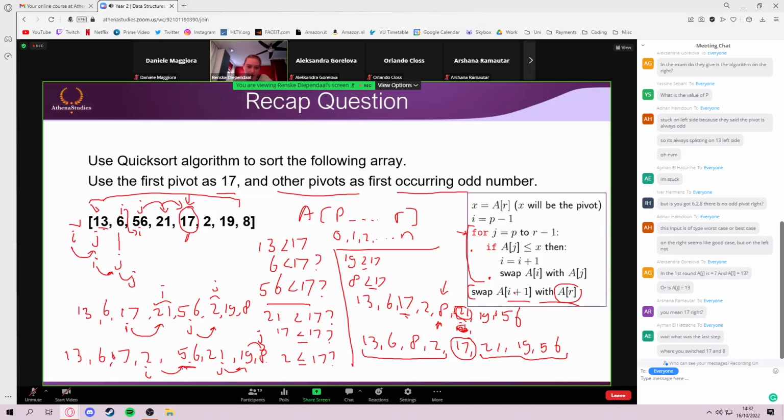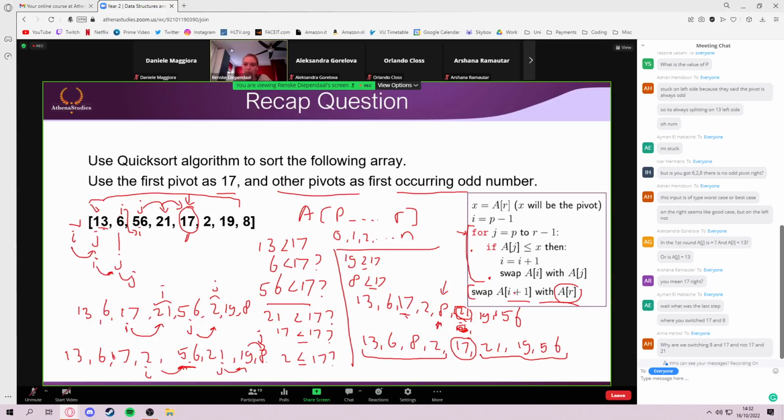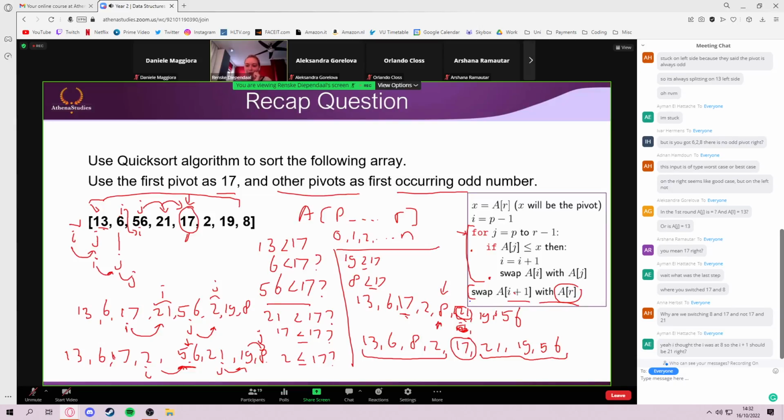Or did we switch to 8? Yeah, well, I was kind of confused about that as well, because I thought we had the i at this number, so it was supposed to be at 8. And then you swap the i plus 1. But I think I got confused somewhere, because if you swap the 21 and the 17, then it doesn't end up correctly.